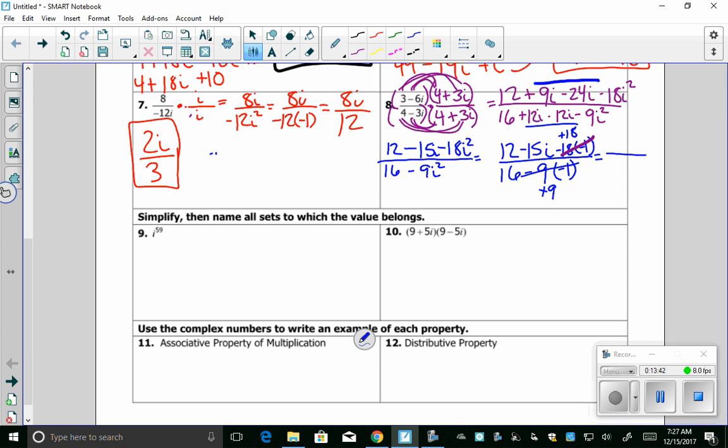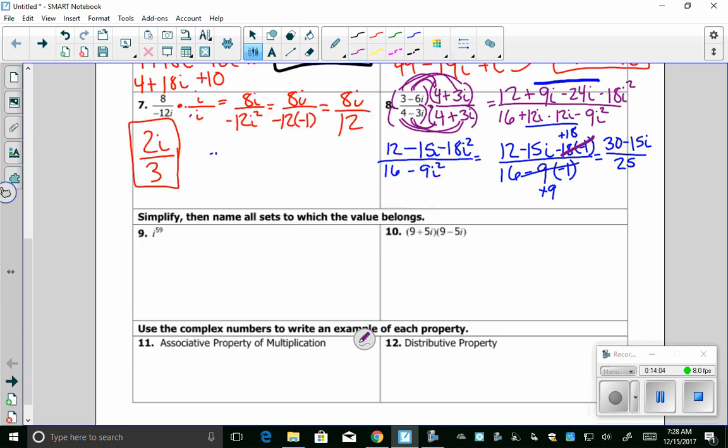So I'm going to have 12 plus 18, which is 30, minus 15i, divided by 16 plus 9, which gives me 25. This will also simplify.